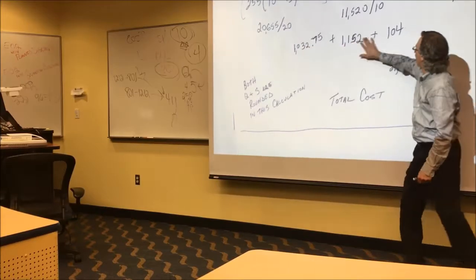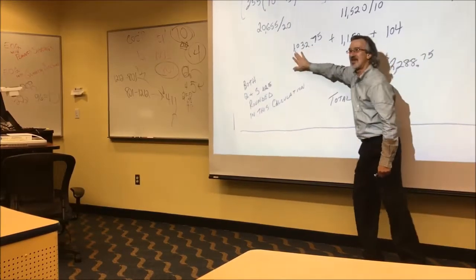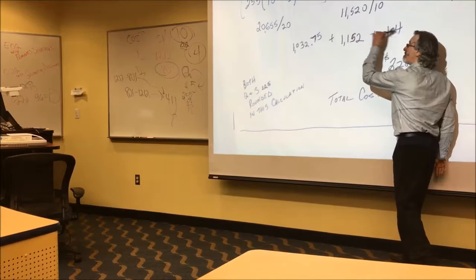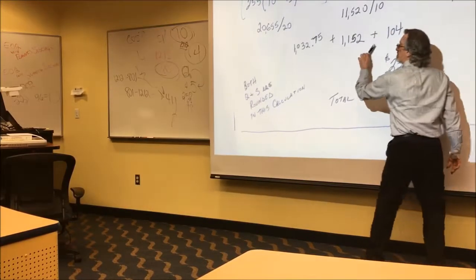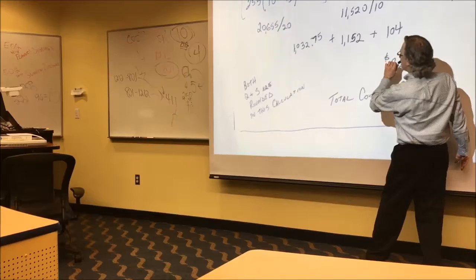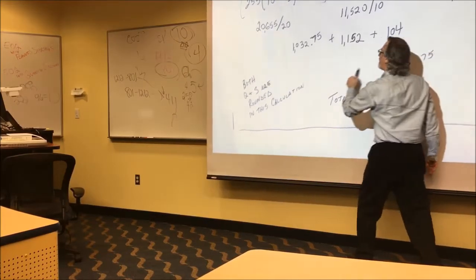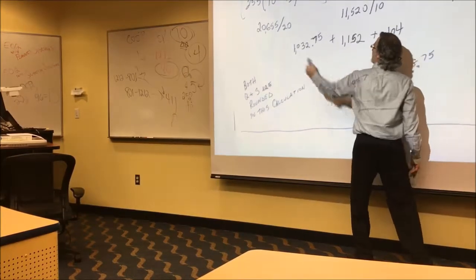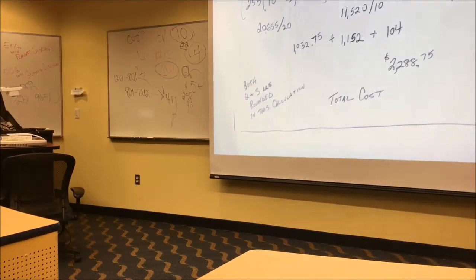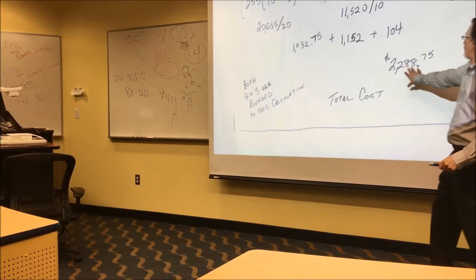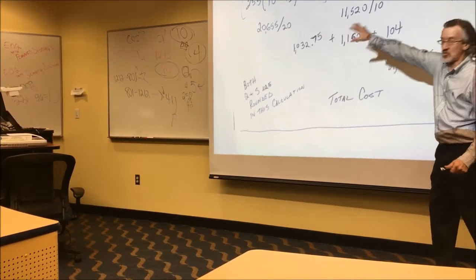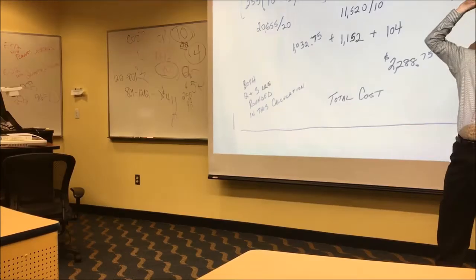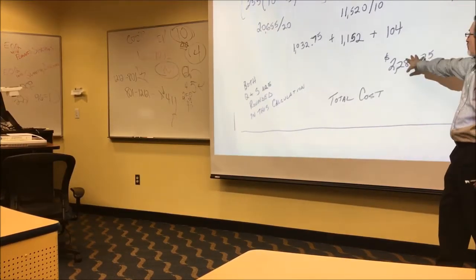Notice in this one, they're not exactly the same in each part. But if you add the back order cost to the holding cost, you'll see that they're close to being in balance. $2,288.65 per year to order 10 at a time and have 1 on back order is going to be your total cost.